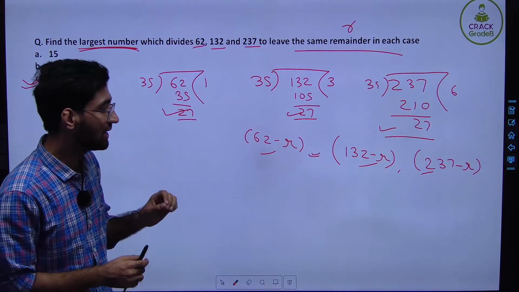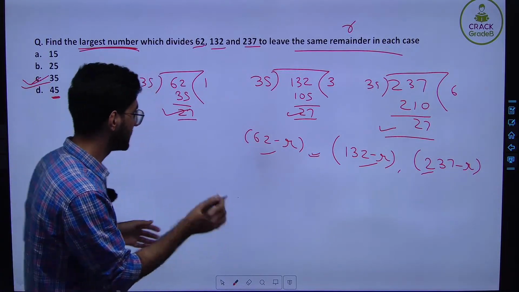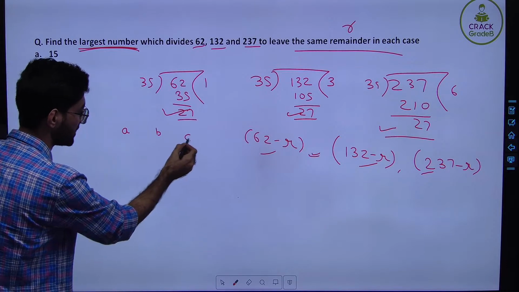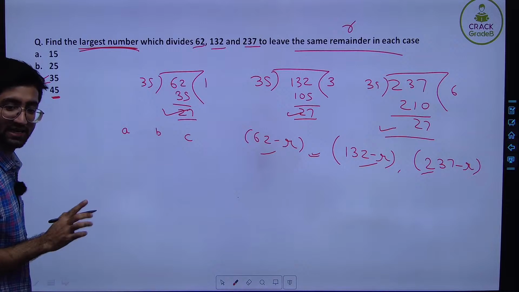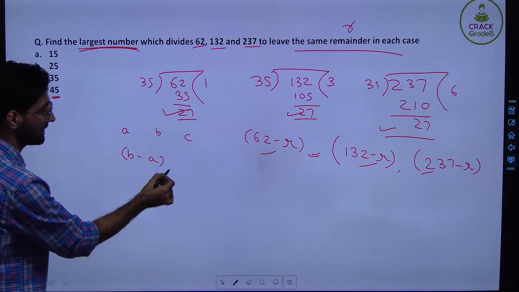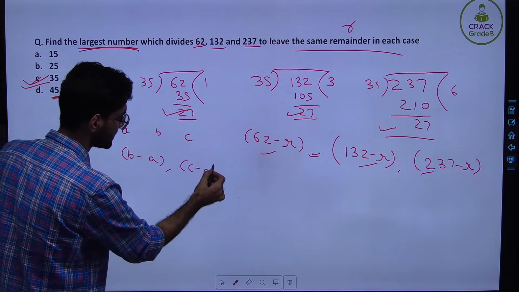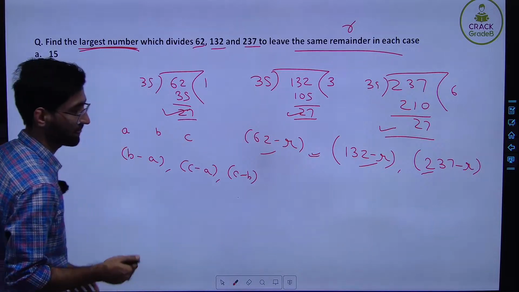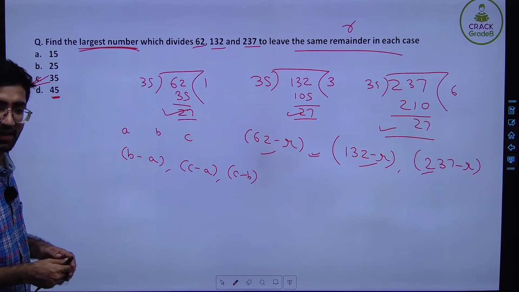You will have to learn one thing. See, if there is a greatest number which can divide a, b and c, that greatest number will definitely divide b minus a, c minus a, or you can even say c minus b, right? This is a property.